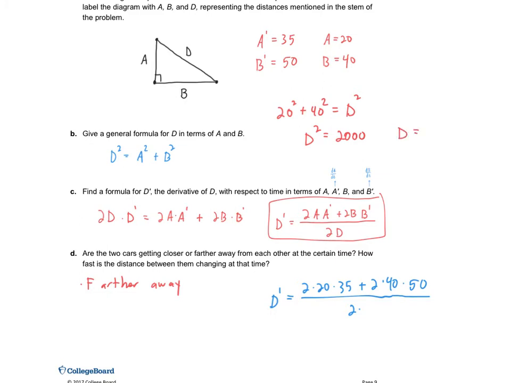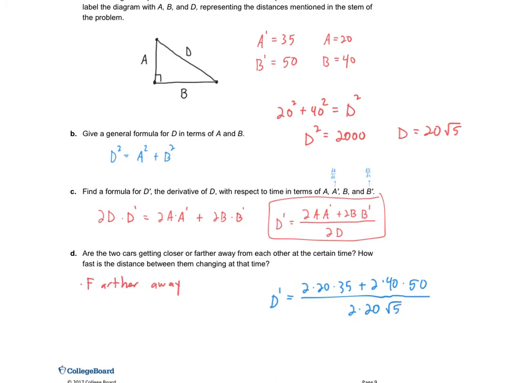D is the square root of 2000, which is 20 root 5, I think. Okay, so we'll put that down here for D, 20 root 5. All right, and that's it.